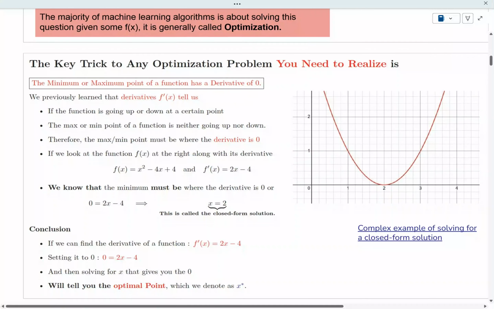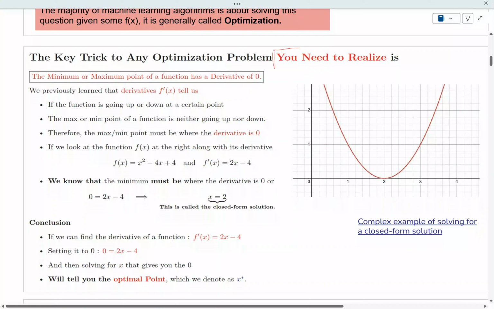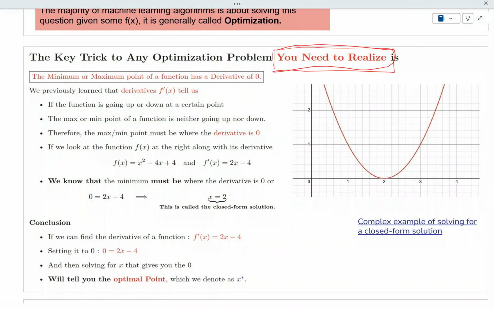Now, the key to optimization that you need to realize is that at an optimum point, the slope is zero. If we're trying to find a minimum point, it is right here. And if you had this point, notice that the slope, or the gradient, is negative. That means as you increase x, you're going to decrease. And then over here, the slope is positive.